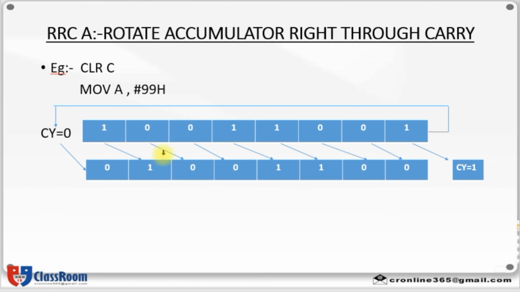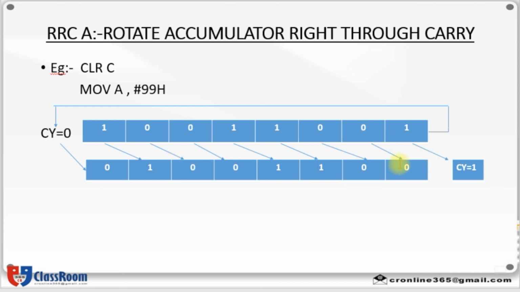Then each bit is shifted right by 1 bit. You can see that this is the D0th bit, this is the D7th bit. After that, I have denoted carry value. This carry flag will be entering here. Then this one, that is D7th bit, will become the D6th bit. D6th bit will become the D5th bit and so on.